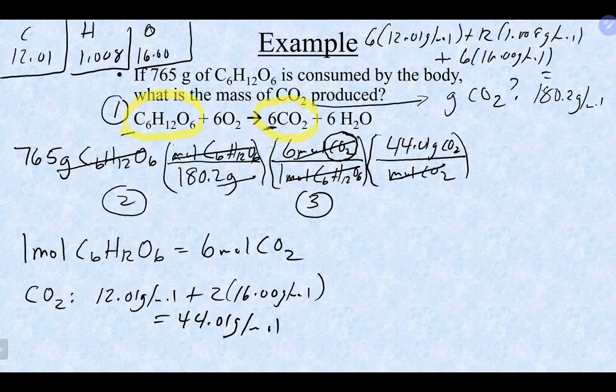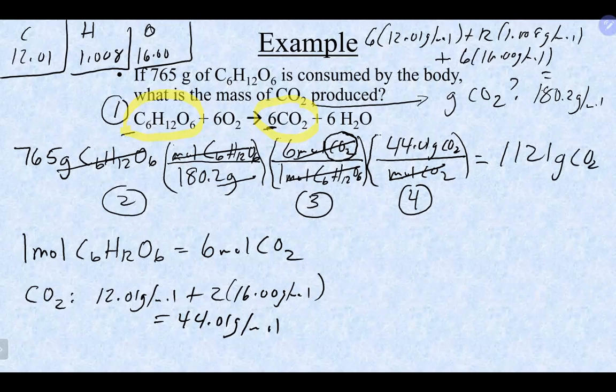Moles of CO2 will cancel. And at this point, we would take 765 times 6 on top and times 44.01. We then would come back and divide by 180.2. Going to get us, step 4, 1121 grams of CO2.